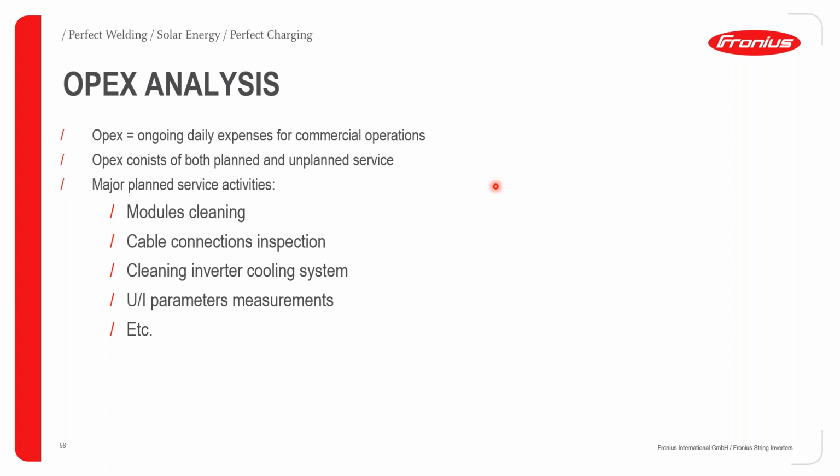We have also cable connection inspection, so that every so often you need to be sure that the cables are still holding on, maybe in the DC combiner areas or AC areas, to make sure that there are no loose connections. Then cleaning of the inverter cooling system, which also has a huge impact on the total system yield, as you're going to see later. And then, of course, checking the parameters on the PV side as far as voltage and current is concerned. Are they correlating to what was initially installed?